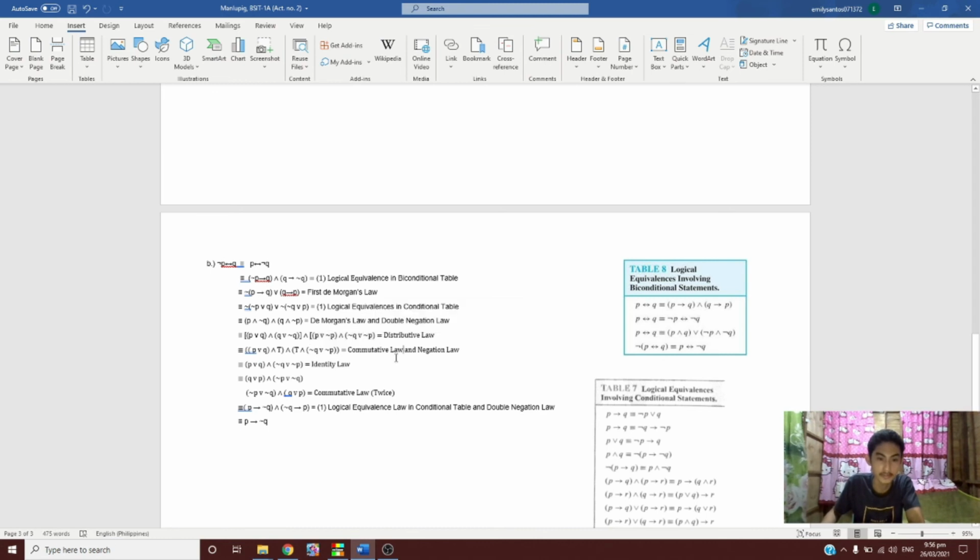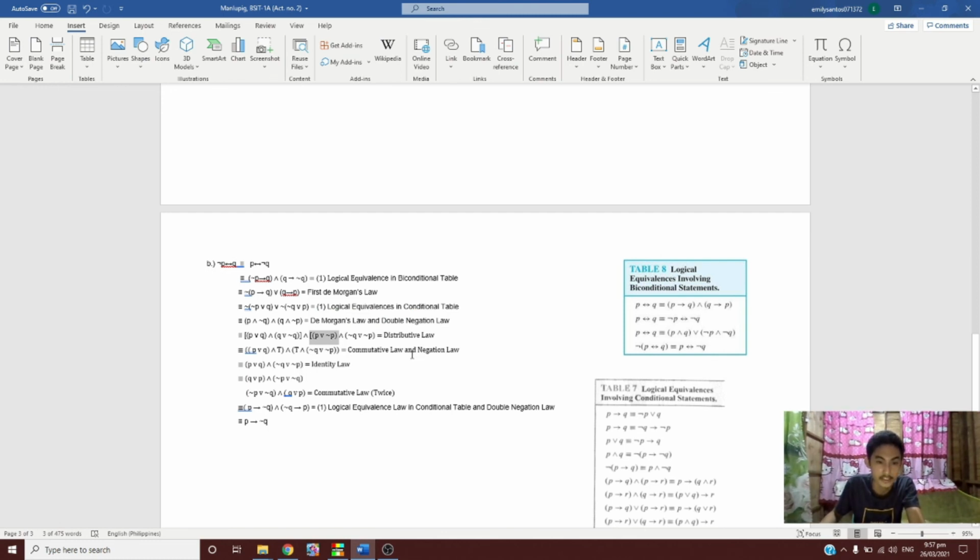So next is the commutative law and negation law. As you can see here, why I use the commutative law: when you calculate both of these in a truth table, it will equal true. So this one is true, and this one is also true, so when you calculate it, it will equal truth.